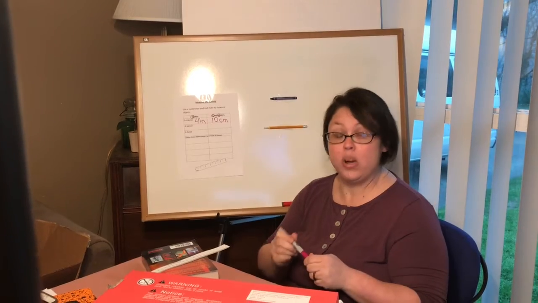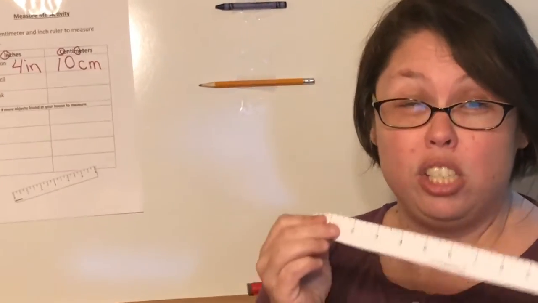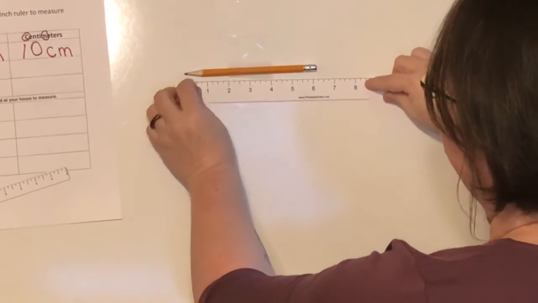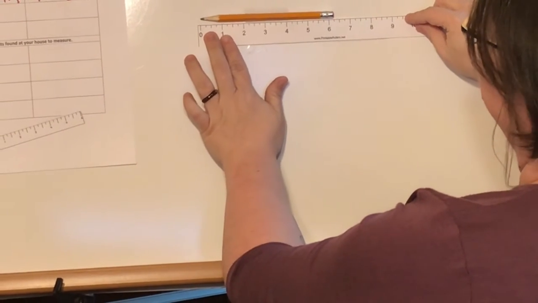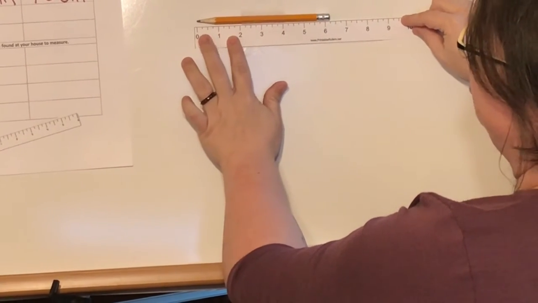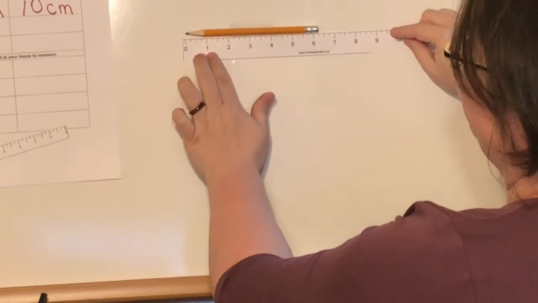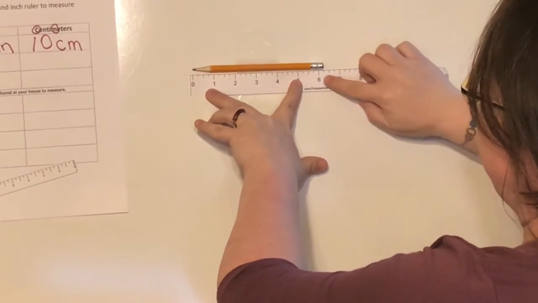Okay, so now let's quickly look at a pencil and try that one. So once again, we're going to start with inches. And here we go. We're going to put this right up against our pencil. All right. So if we look here, we started at 0, not at the end. And we've got 1, 2, 3, 4, 5, and we're just a smidgen over 6.